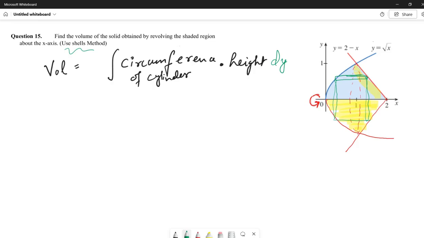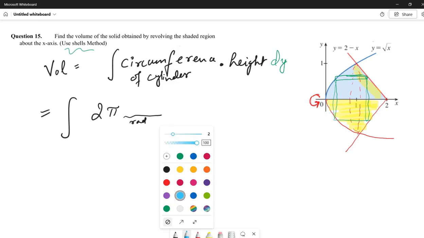Okay, so let's figure out the circumference. Circumference is 2 pi times the radius of the circular base of the cylinder. So the radius is this part.